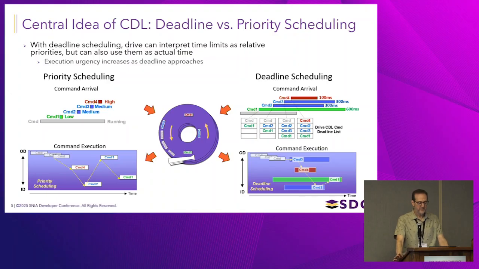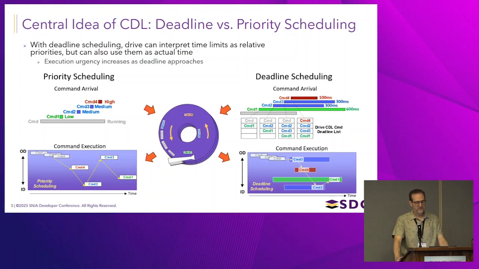When it goes to run the commands, you can see that it executes command 3 over here on the left of the spinning disk, because it knows how long the high priority command can wait, so it can safely execute command 3 before it does command 4.